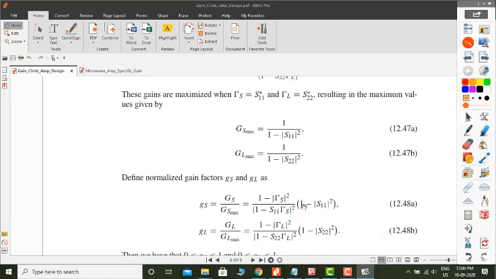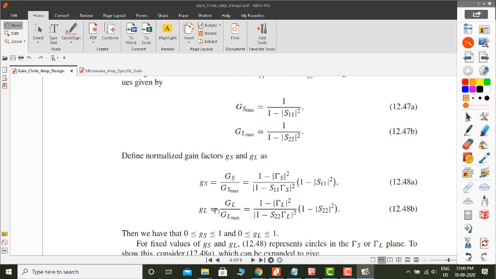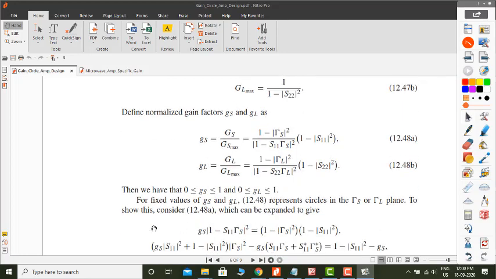Therefore, it will be the product of 1 minus modulus S11 square times this expression. Similarly, for the load, the normalized value gL equals GL divided by GL max, which gives this function. Then the gS value will be between 0 and 1, and gL also between 0 and 1. Therefore, the maximum will be unity or 0 dB.